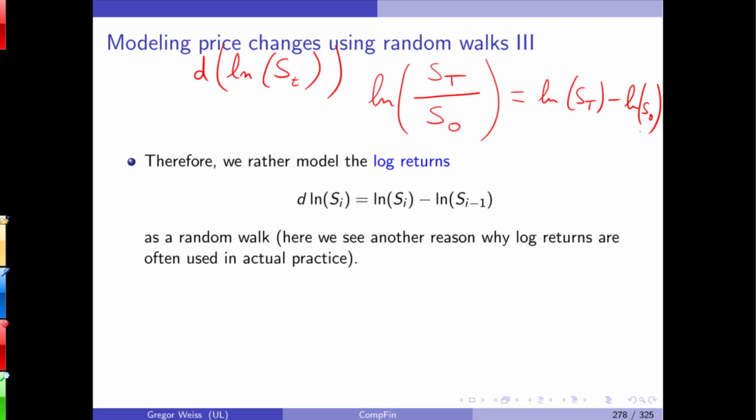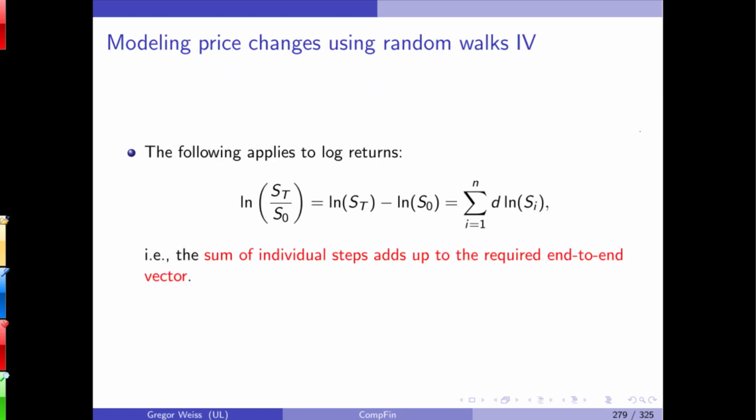If you simply add up all those changes and all those steps, you get the end-to-end vector of the random walk. Okay. Well, I've written this down here. So as a first result, you can see that you can use a random walk, but you cannot simply apply it to the prices or discrete returns, but you can use it on the continuous log returns. Then it makes sense.